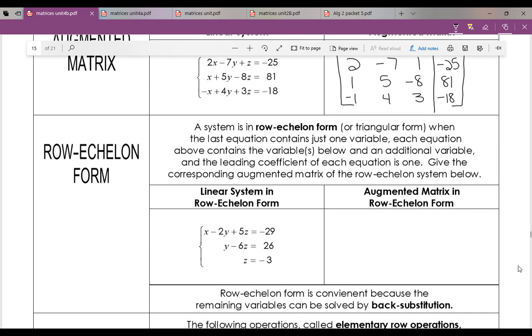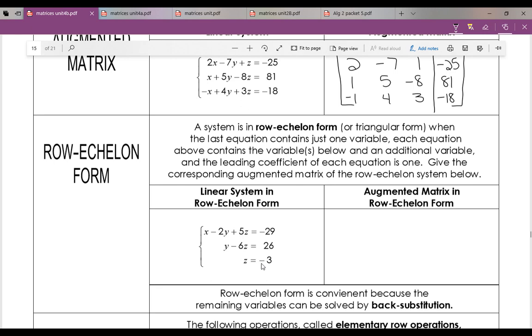Now, the row echelon that we're going to talk about today, or some people refer to it as the triangular form, is when the last equation contains just one variable, typically z, and each equation above that one gains another variable, okay?